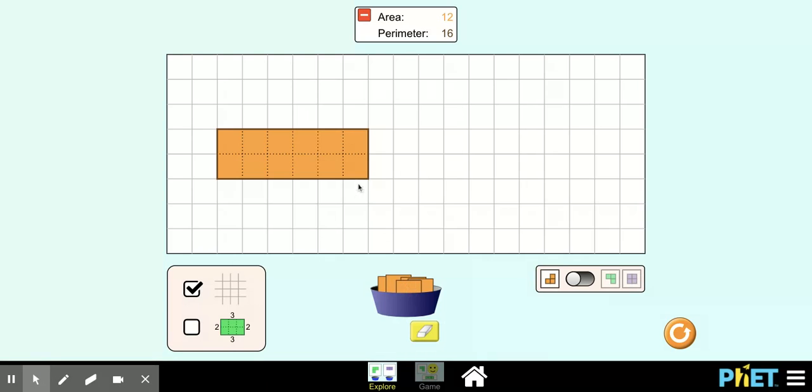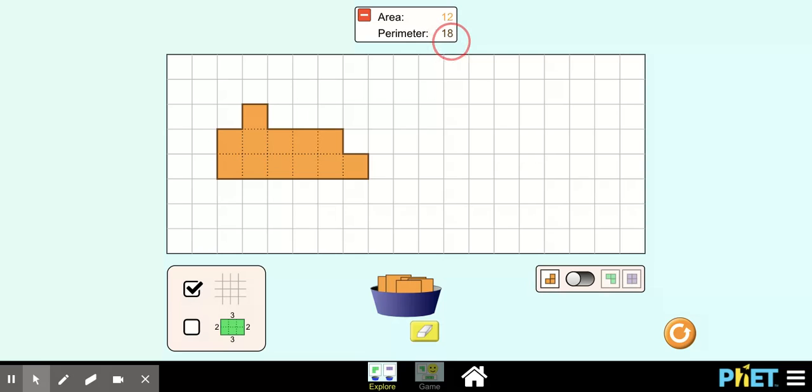Okay, so I have an area of 12 and a perimeter of 16. I can keep that area of 12 the same, but change the perimeter. You can see that just by moving that one square, I've changed the perimeter to 18 units.